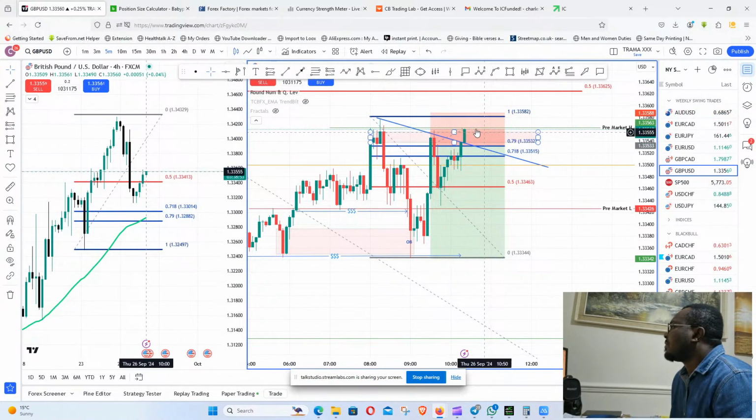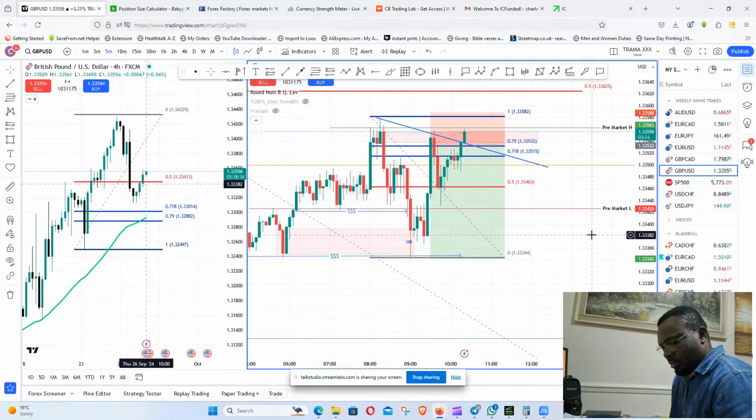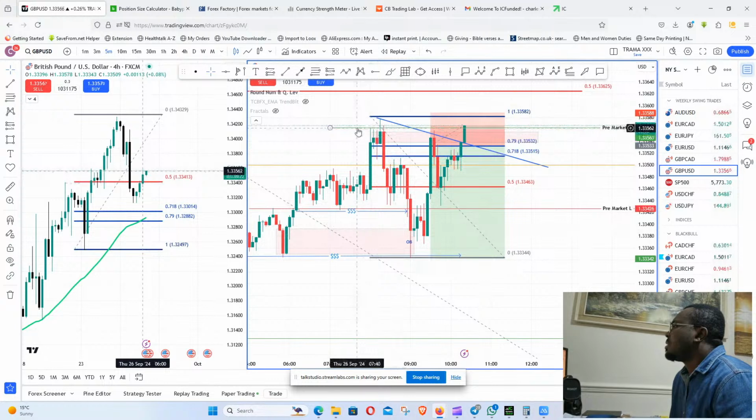But if it closes bullish, we're out. It's already broken this high now. That's what it's trying to do.